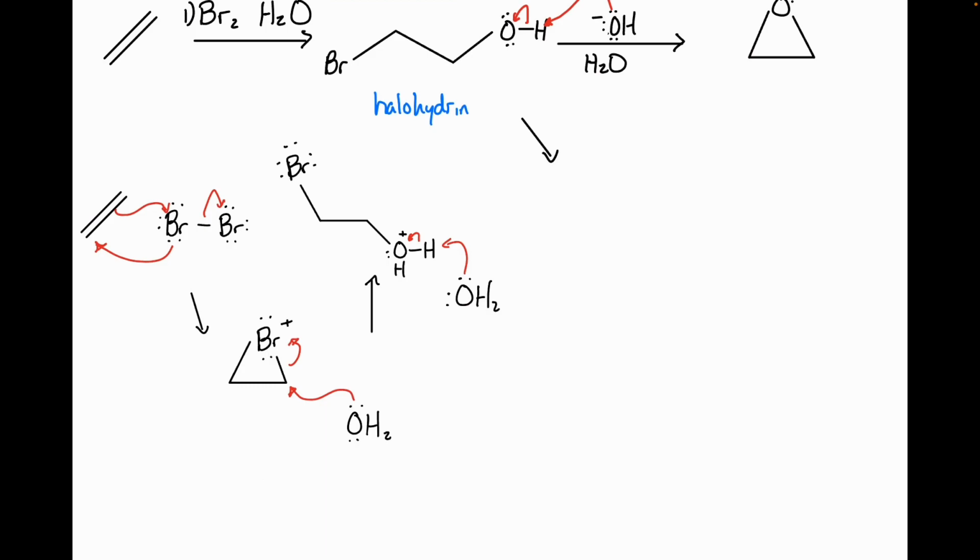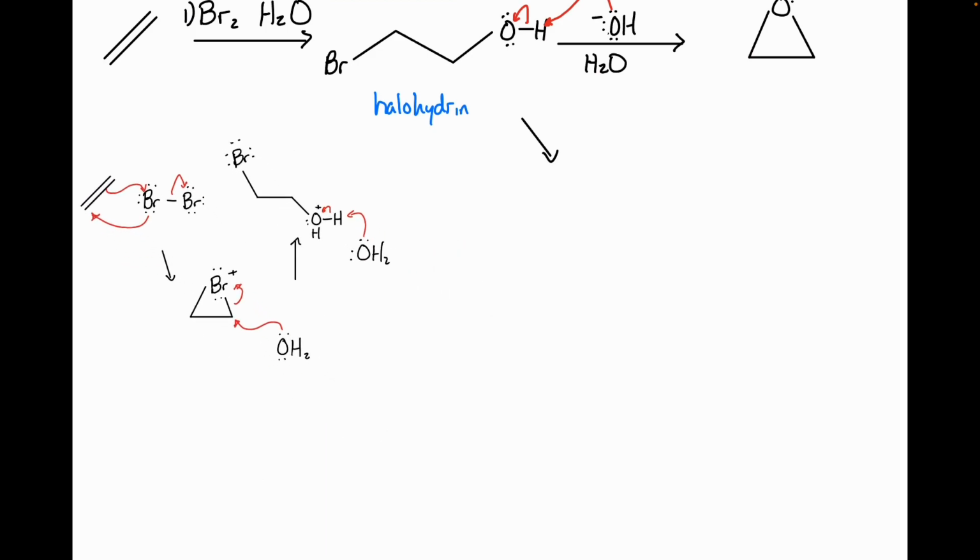Does anybody remember what we call a deprotonated alcohol? A something oxide. An alkoxide, because it's got that alkyl part to it. In this case, there's this bromine as well. But yes, we have this deprotonated alcohol. And then this thing reacts with itself.